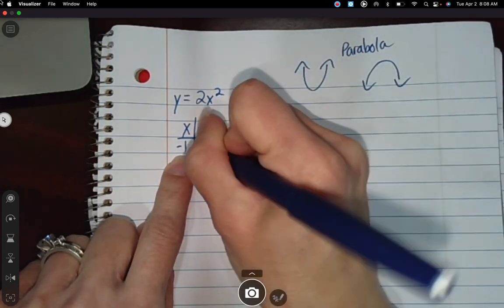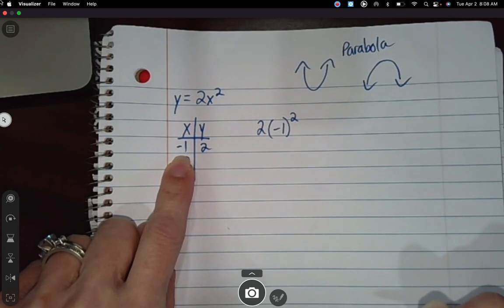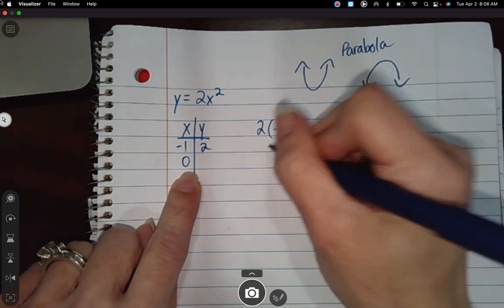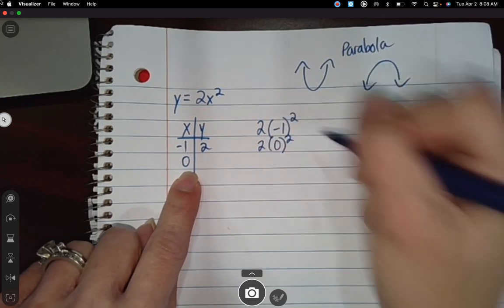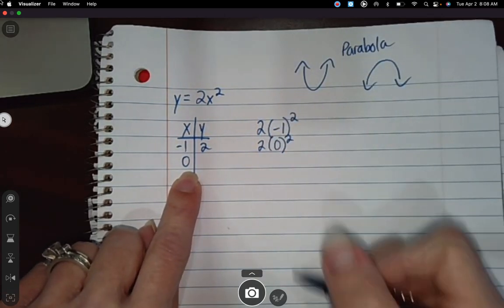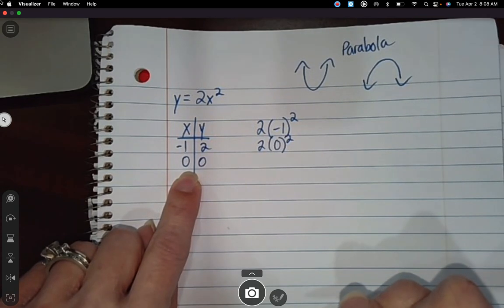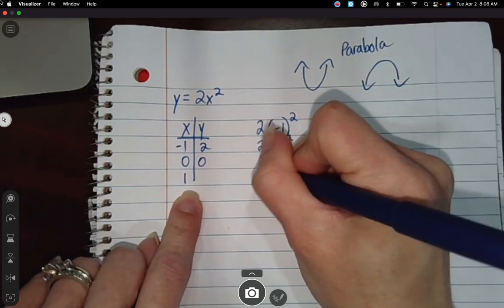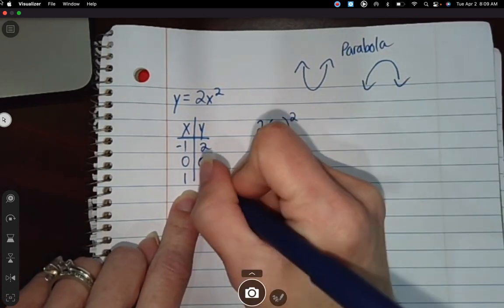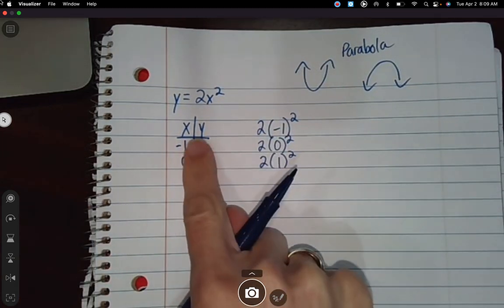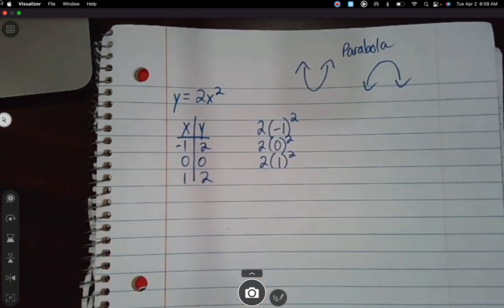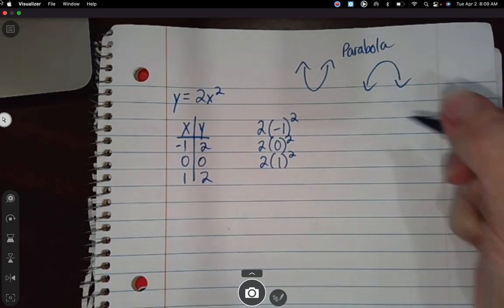Well, that's going to be 2, okay? If you had your calculator and type that in, it would give you 2. Then if I plug in 0, well, anything times 0 is what? 0. And then let's plug in the last one. And you'll notice you get 2 again. And that should happen. We should see it repeat itself, okay, because it's symmetrical.